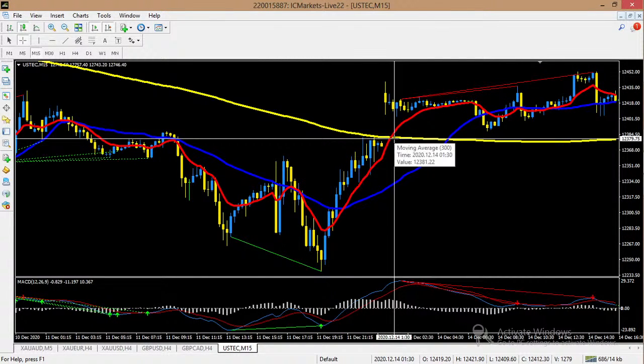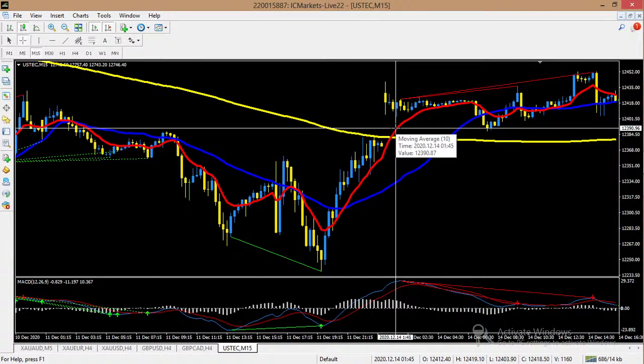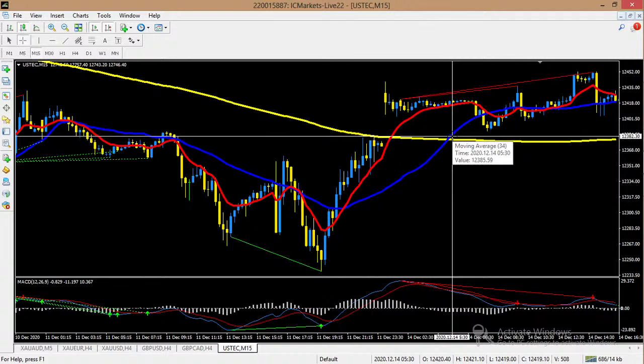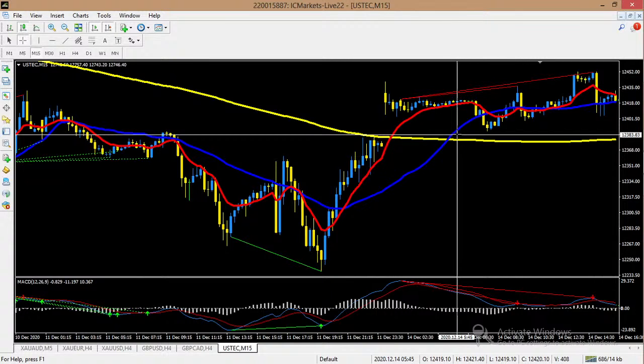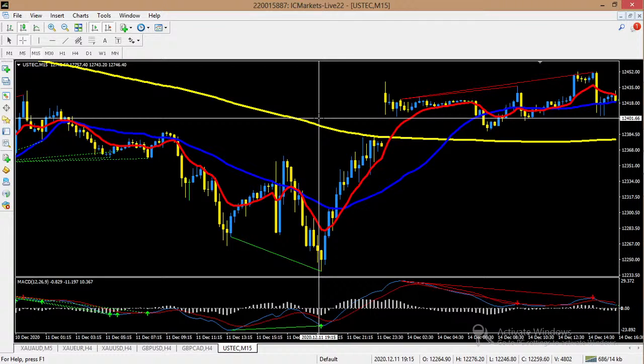So here you find out that both the 10 moving average EMA and the 34 SMA crossed above the 300 linear weighted moving average.